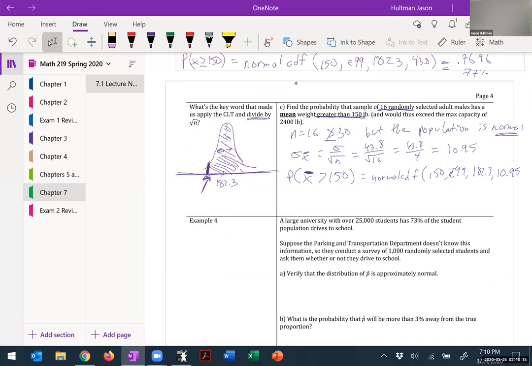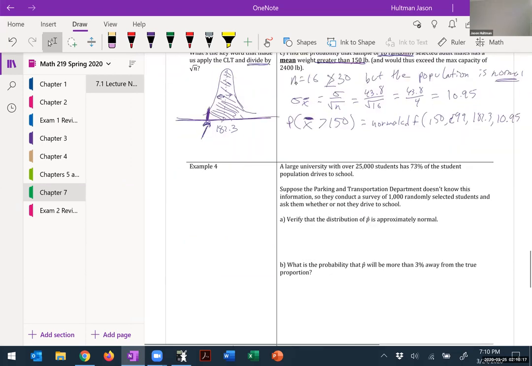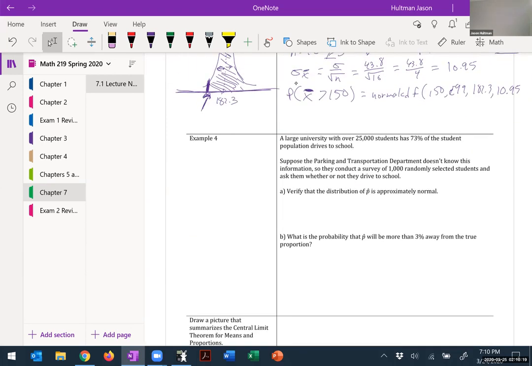Okay, let's go over this one here, example 4. A large university with over 25,000 students has 73% of the student population that drives to school. So what does that 73% represent? Well, that's the population proportion, so P is 0.73.